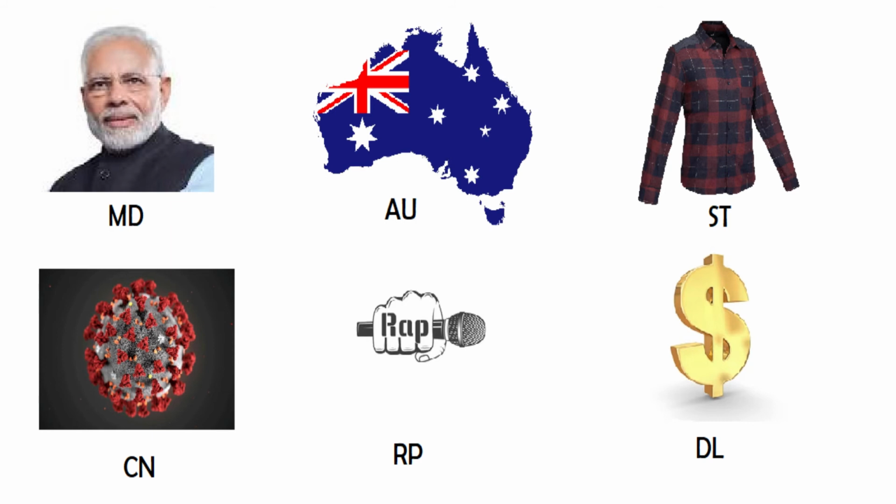And when the Corona came, Prime Minister Modi wrote a rap about what is Corona and how we can defeat it. And that rap was hugely famous, and it sold for millions of dollars. See how I have connected all the letters and created a story.